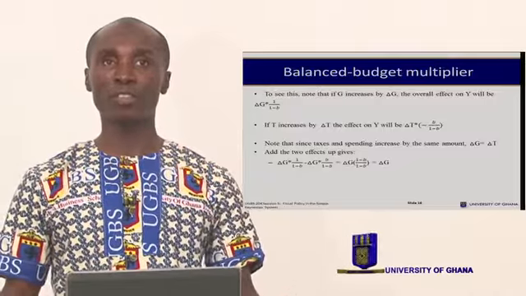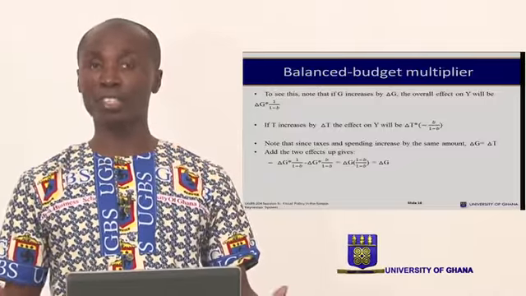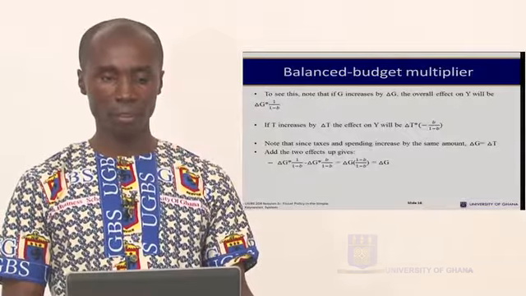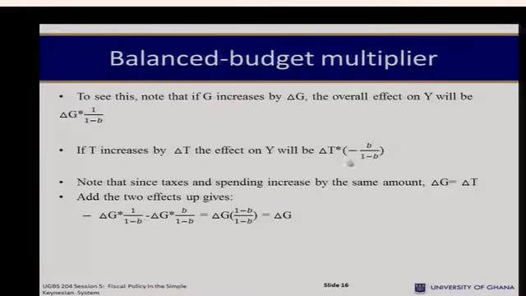Then the joint effect of these on equilibrium income can simply be obtained by summing up the effect of the change in G and the effect of the change in T. So we are going to sum these two components. But because the change in G is equal to the change in T, when we look at this part, we can replace the change in T with the change in G. And that will give us this expression here.